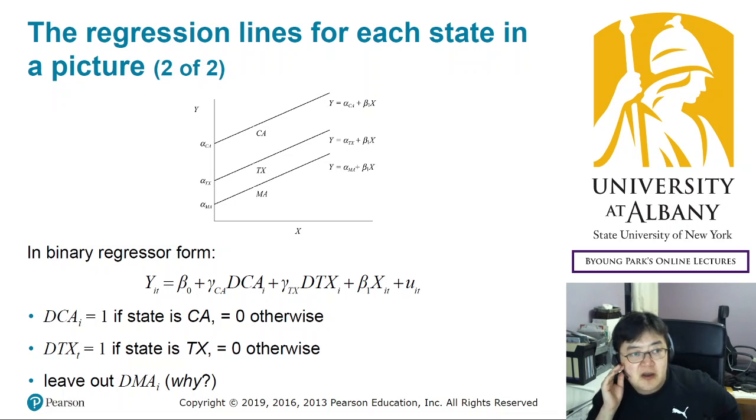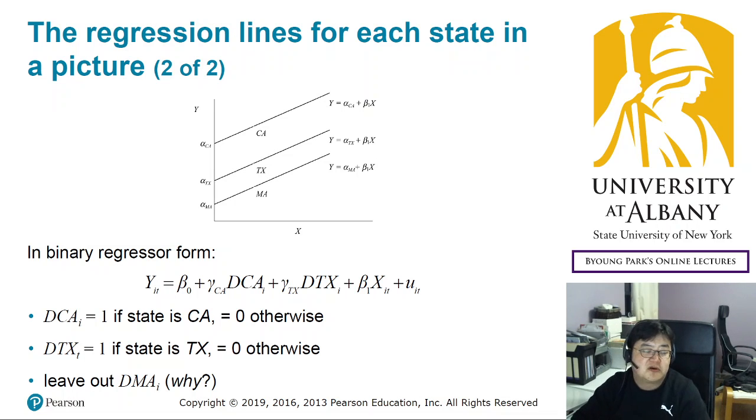Hello. We are learning the panel data model, and the leading example was the relationship between the beer tax in a state and the traffic fatality in the state.